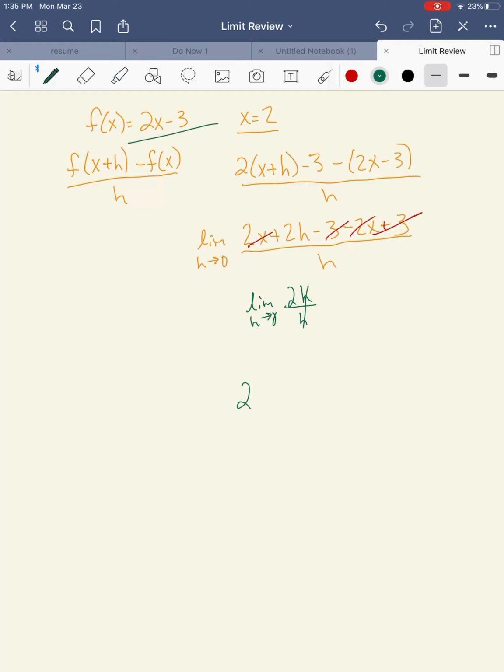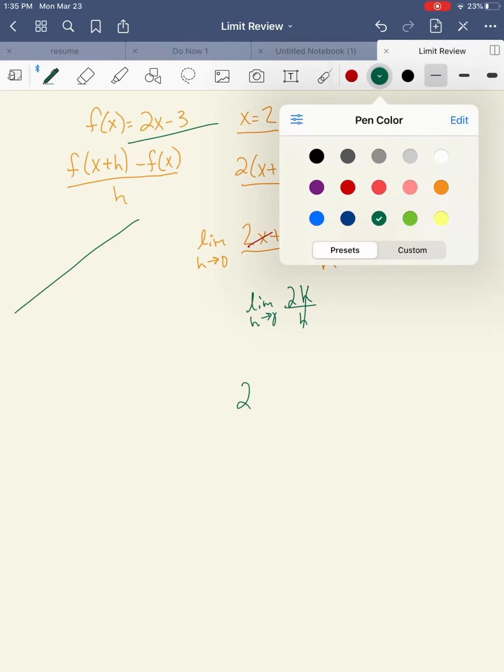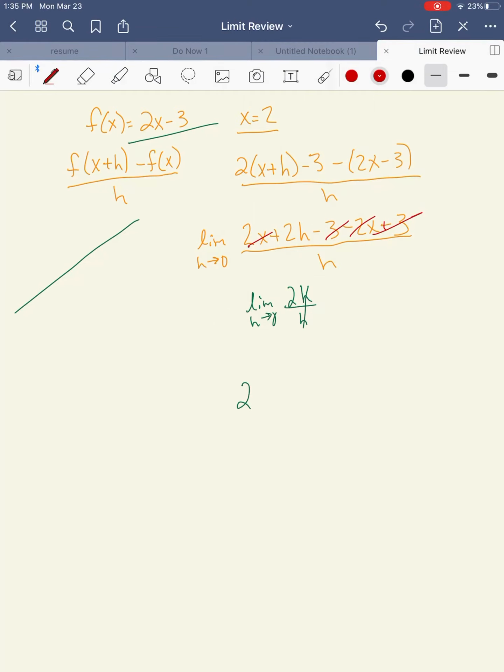And that makes sense because this is already a straight line. So we have a straight line, and the tangent line at 2 would be something like this, touching at exactly 1 point. So that makes sense.